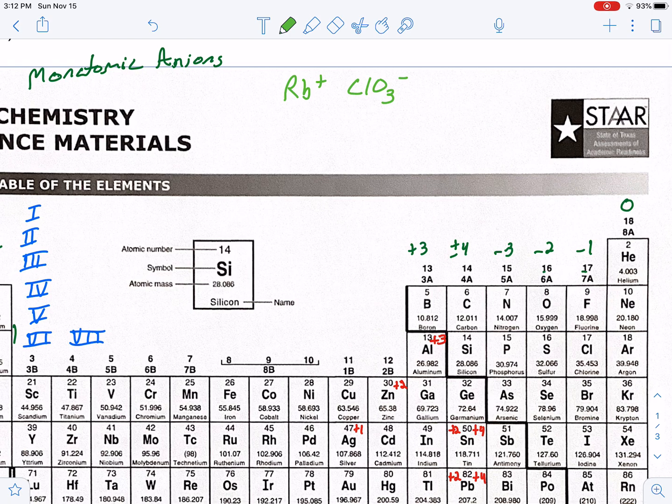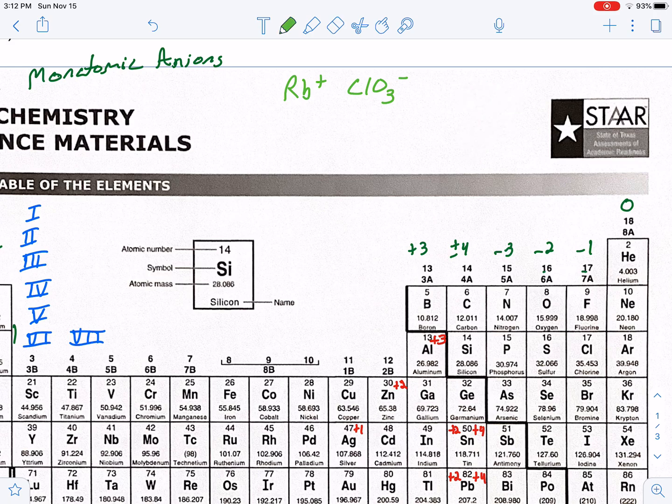Right now I can say that the charges are balanced, so we don't need to do anything. What I will say is when we deal with polyatomic ions and you see ClO3, this number right here, do not touch this number ever. We can't reduce it, can't move it up top for a charge, nothing. It is just stuck with chlorate. It is just a part of it and you cannot do anything with it. So just be careful with that.